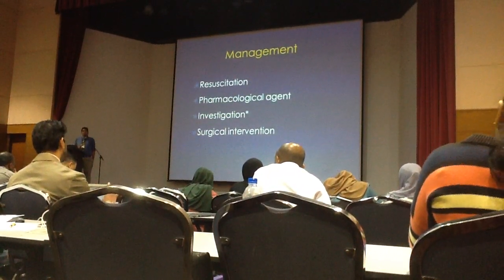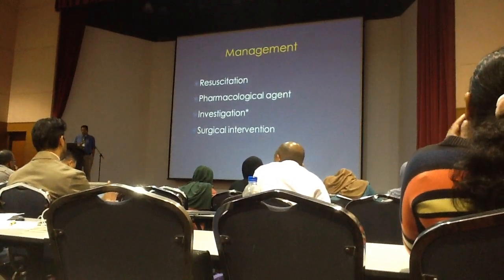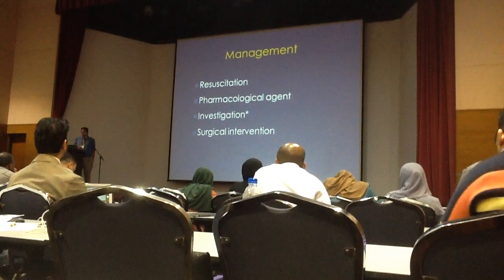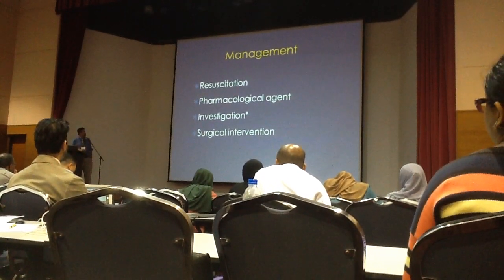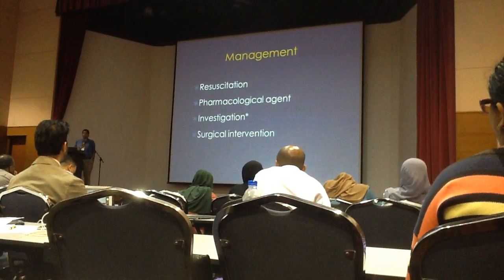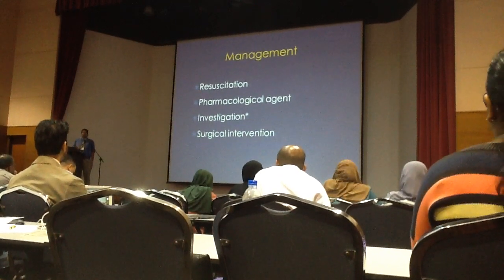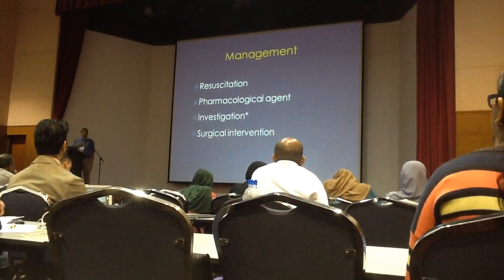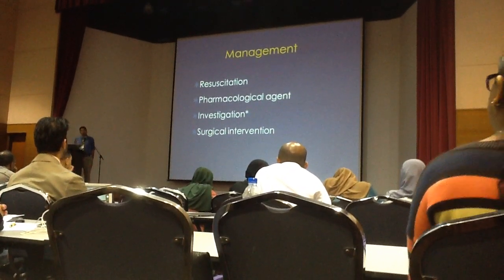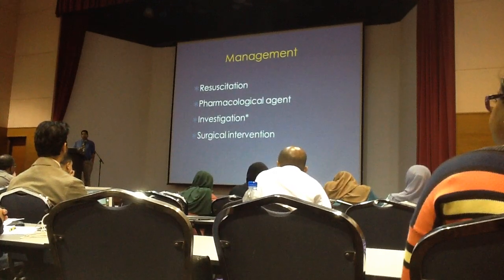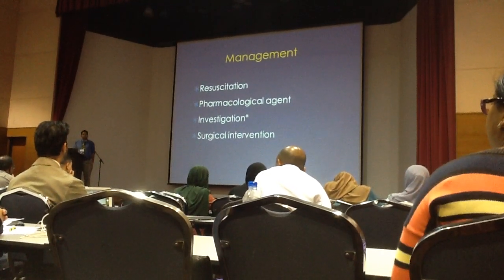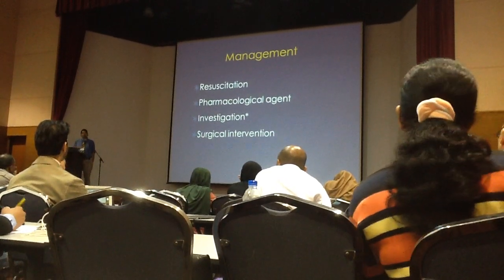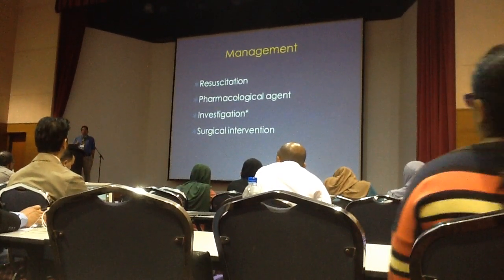Initial management for a patient that presents with acute limb ischemia is, of course, resuscitation or whatever they need. Pharmacological agent, we mentioned IV heparin. If you think that you cannot save the limb, or the time it takes for you to do an embolectomy is more than a couple of hours, which shouldn't be, but if you need to transfer, then I would advise you to start IV heparin.